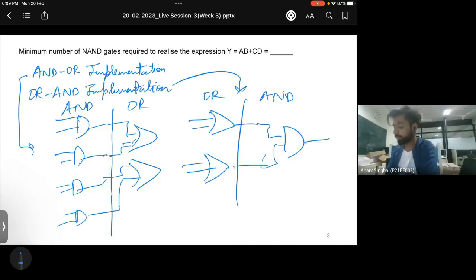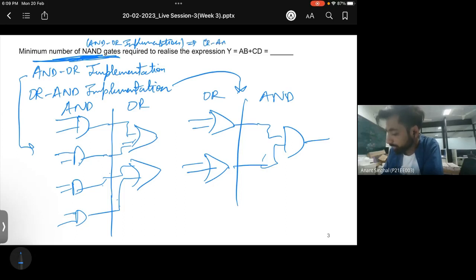Whenever you see minimum number of NAND gates asked in any competitive exam or any exam, you should think beforehand that you have to go with AND-OR implementation. Even if the expression is not AND-OR but OR-AND, you should first change it to AND-OR and then proceed with the question.